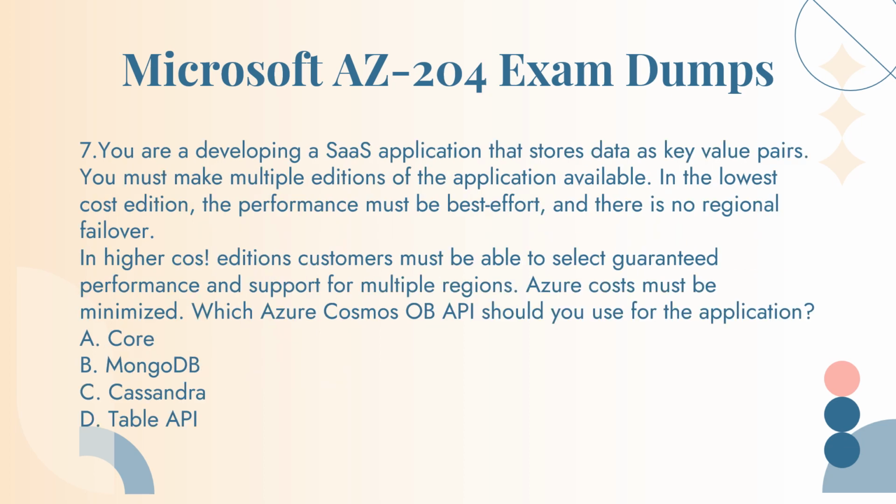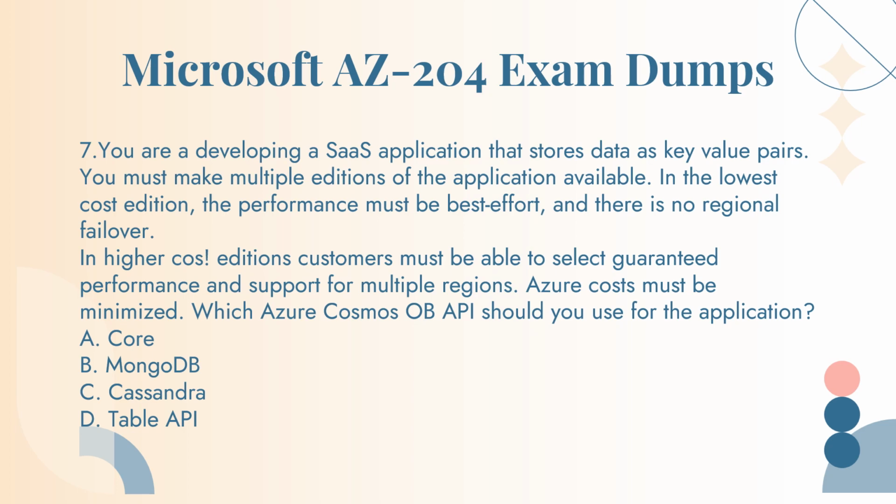7. You are developing a SaaS application that stores data as key value pairs. You must make multiple editions of the application available. In the lowest cost edition, the performance must be best effort, and there is no regional failover. In higher cost editions, customers must be able to select guaranteed performance and support for multiple regions.